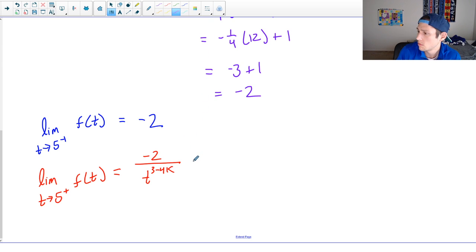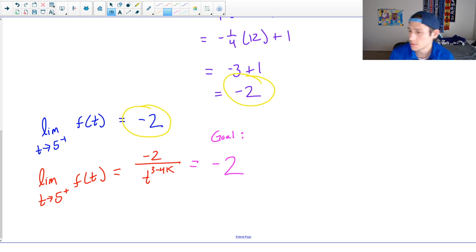That's my hope. Because that's what we got when we took the actual value of f. That's what we got when we took the left-hand limit. So now, in order to prove that it's continuous, we want to make sure that the right-hand limit is also going to equal negative 2.